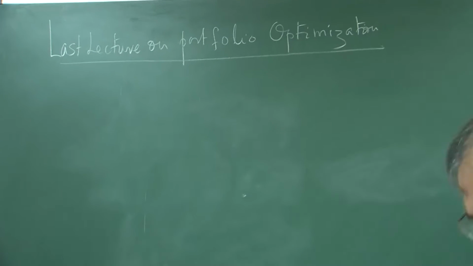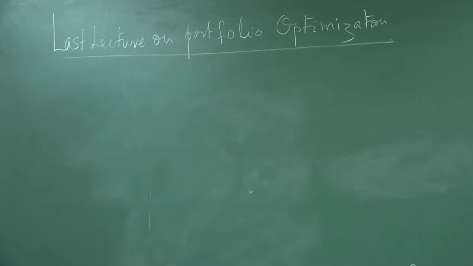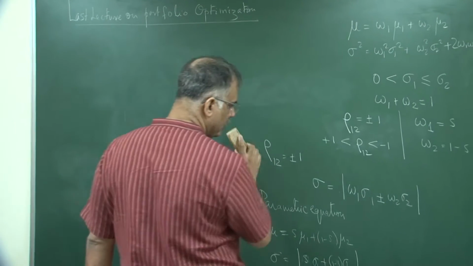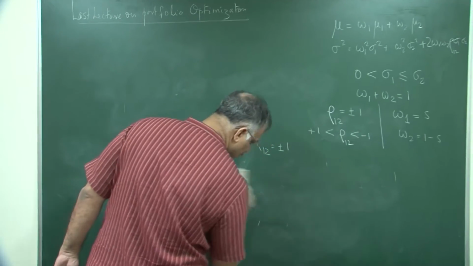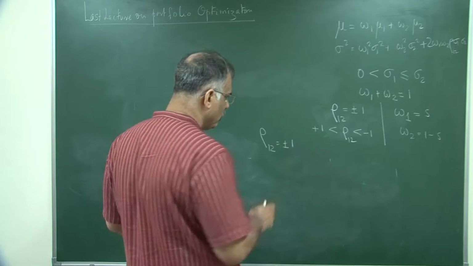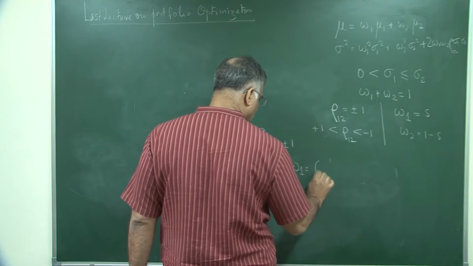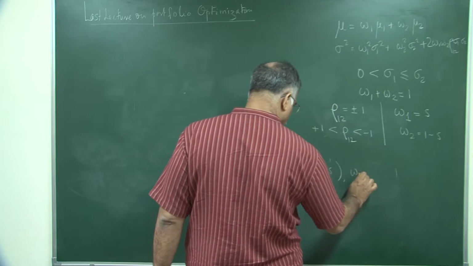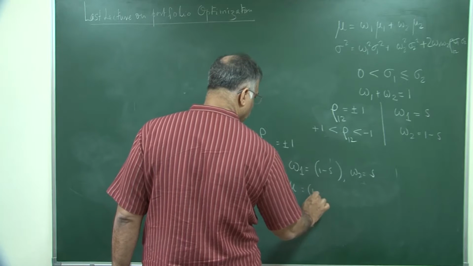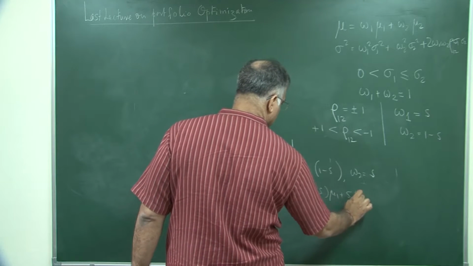The first good thing, here the parameterization, I think I made a little mistake. I will just go ahead and do the parameterization again. I will just go by Roman's books. If anybody sees the books, it will be much easier for them. They have taken W1 to be 1 minus S and W2 to be S. So, in that sense, mu has become 1 minus S mu 1 plus S mu 2.